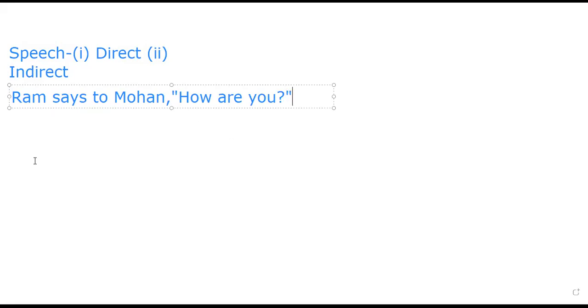So this is direct speech. How to understand which speech is direct speech? It will be in double inverted commas. Is it clear?